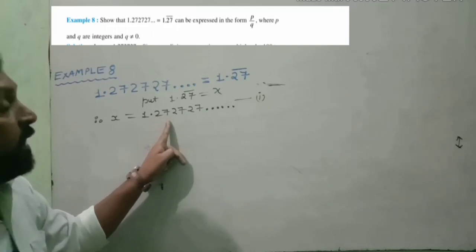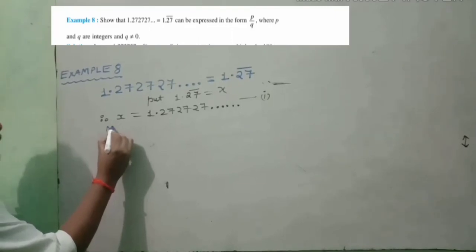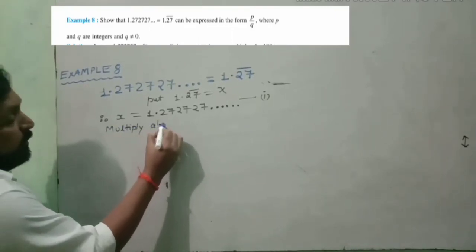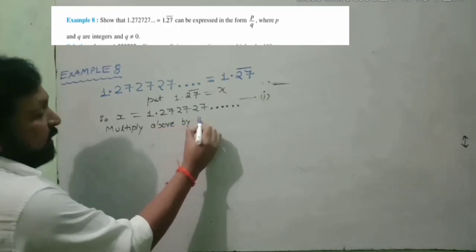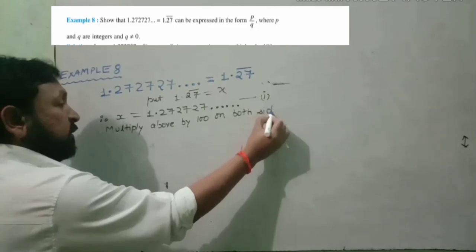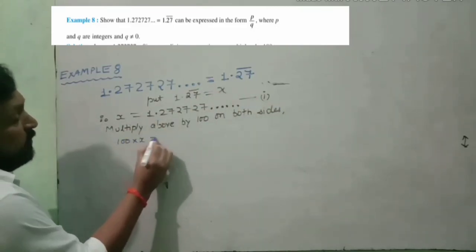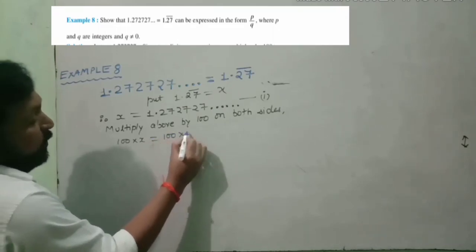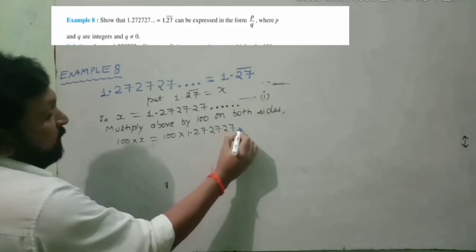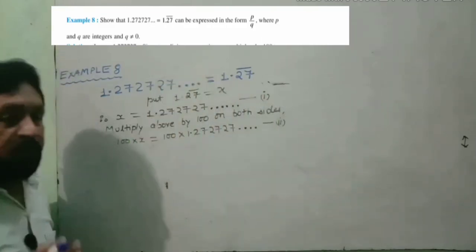It means we have to multiply equation 1 by 100 on both sides. It means 100 into x will be equal to 100 into 1.272727 dot dot dot, and we will give it equation number 2.